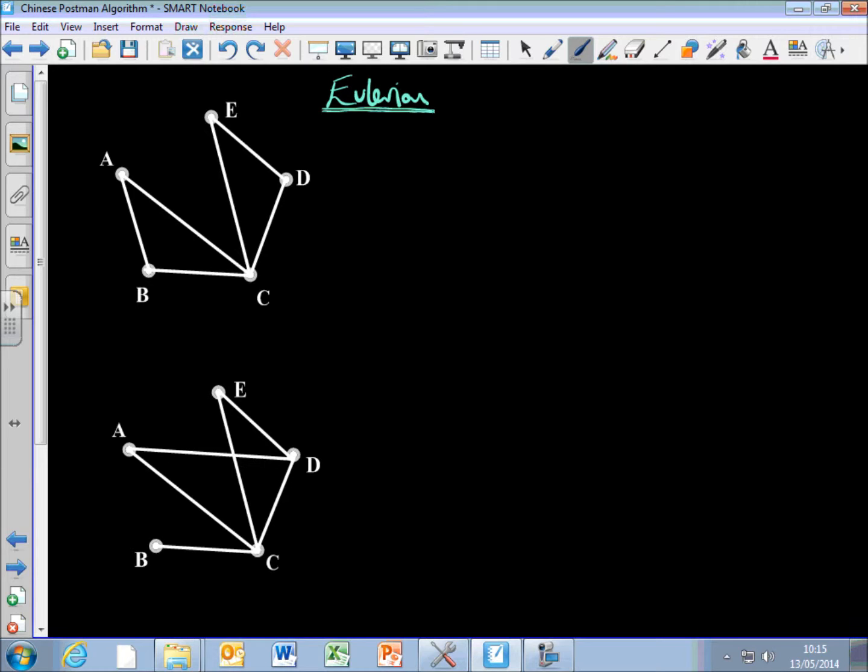So an Eulerian graph is a graph where we can travel over every edge once and get back to where we started. So I'm going to write that down as a definition.